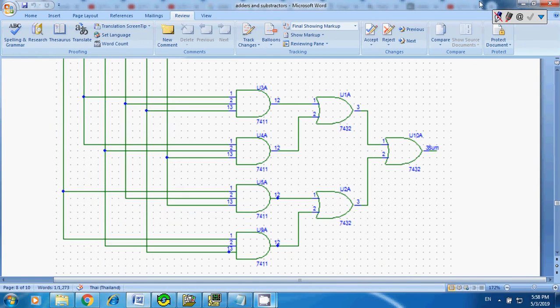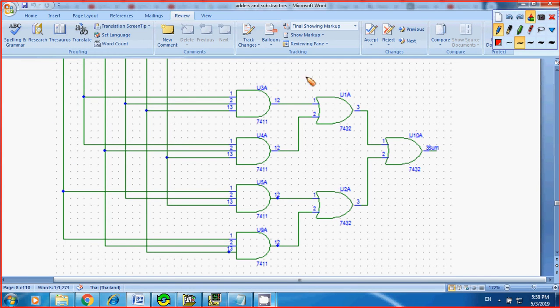Now the circuit, as I mentioned, you need 3-input AND gates, right? And you have to arrange your inputs to be your 3-input AND gates, and then you need 3 2-input OR gates.